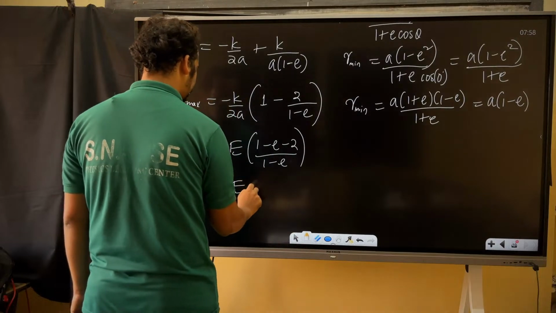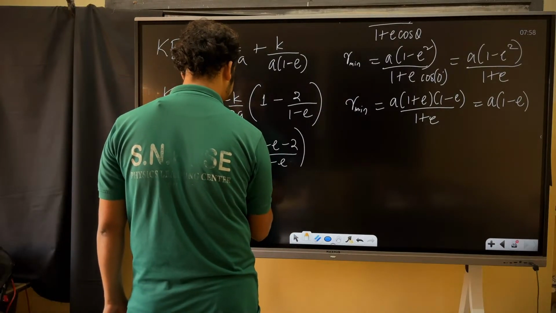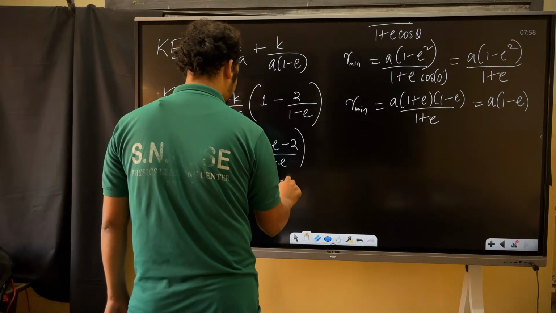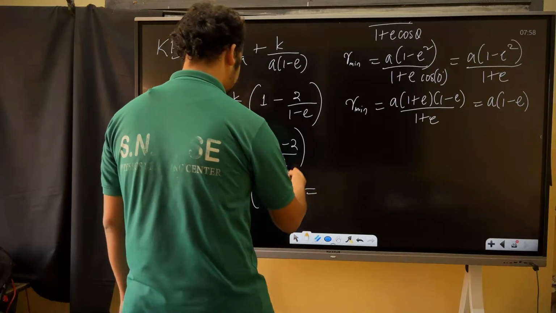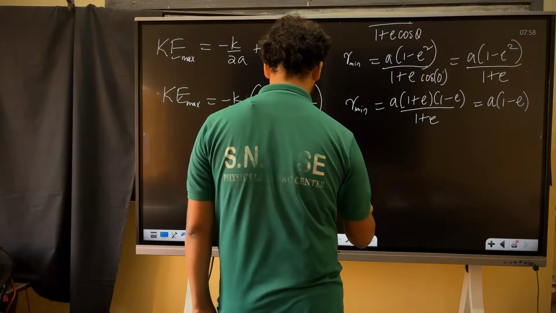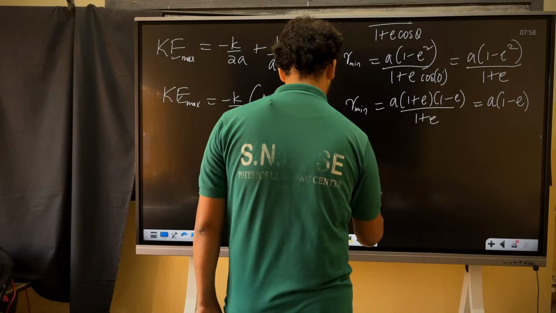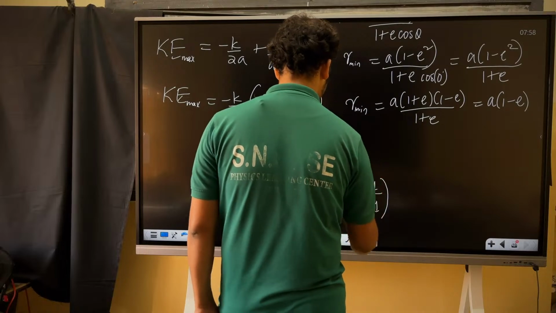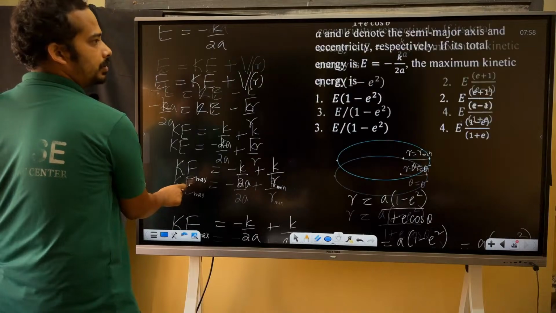That's equal to minus e minus 1 divided by 1 minus e. If you absorb the negative sign, it is e plus 1 divided by e minus 1. Fine, e plus 1 divided by e minus 1.